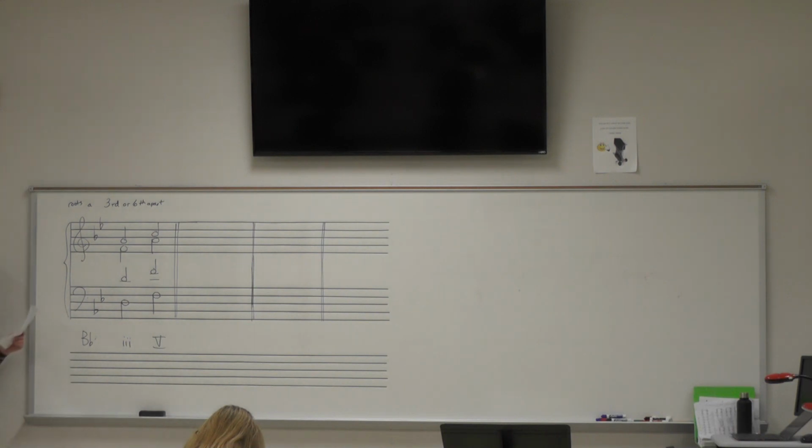Now, I want you to help me find a part writing error in here that I have created. The reason I've got a part writing error is because I did not adhere to the guideline. I did not keep the two tones in common between the two chords static. Instead, I ended up moving everything when I shouldn't have, as far as the upper voices.